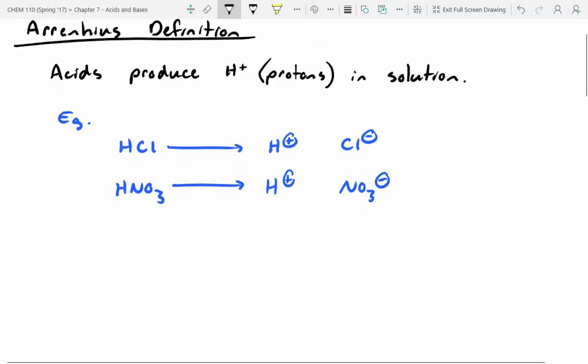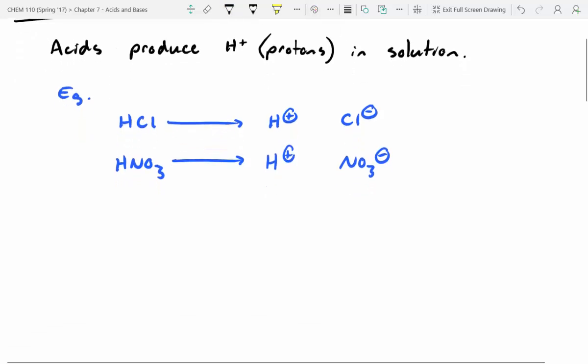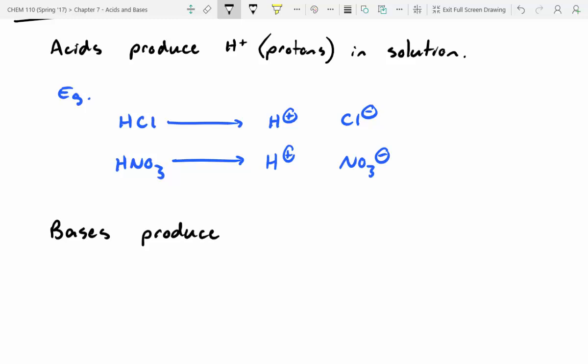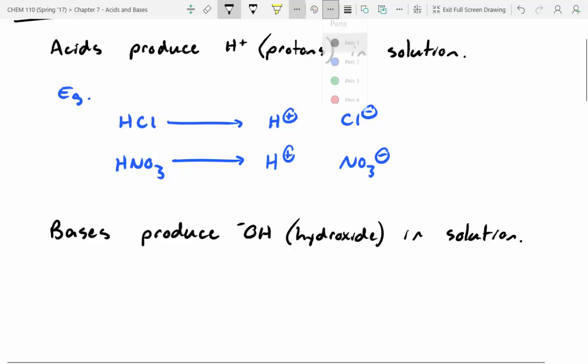And then they would try to define bases using similar methodology. So bases produce OH- in solution. What's this called? Whoop. Cheating. Hydroxide. So let's take a look at some common bases.